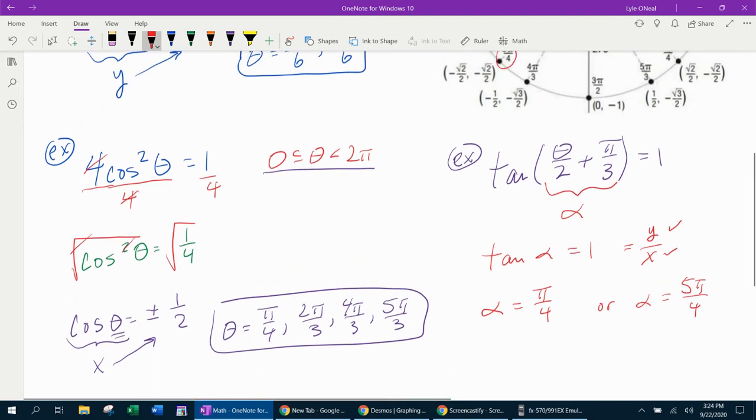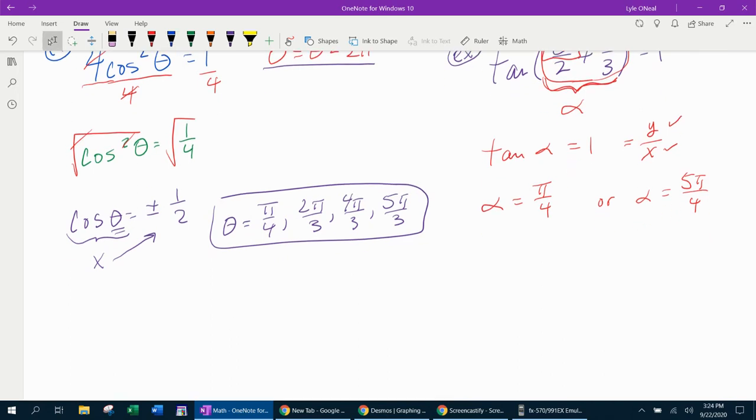And then it's at this point that we need to remember that alpha is not really what we're solving for. We're solving for theta. So now we're going to have to go back and substitute for alpha the original angle for tangent. That's going to give me theta over 2 plus pi over 3 is pi over 4, or theta over 2 plus pi over 3 equals 5 pi over 4.